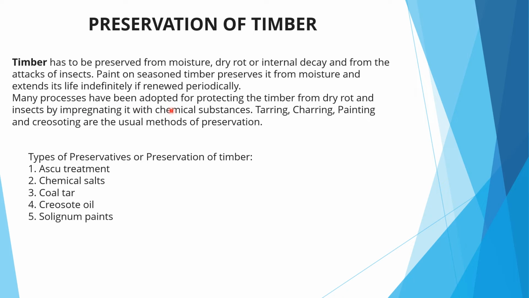Many processes have been adopted for protecting timber from dry rot and insects by impregnating it with a chemical substance, creosoting, painting, etc. Types of preservatives of timber: ASCU treatment, chemical salt, coal tar, creosote oil, solignum paints. These are some types of preservation of timber.